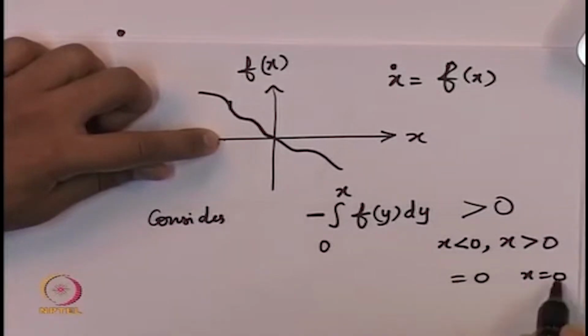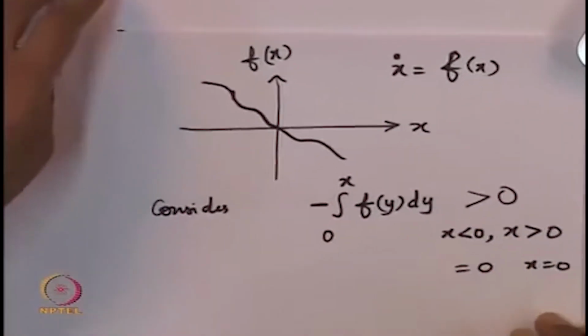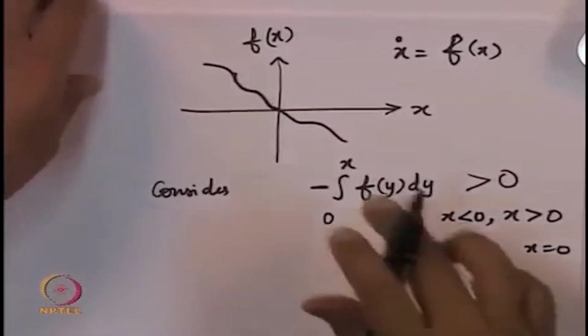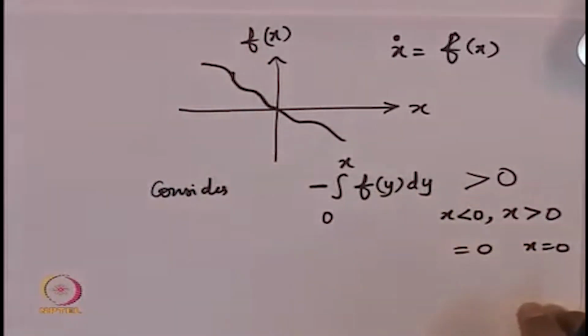Only for x equal to 0 it is equal to 0. So perhaps this one will serve as our Lyapunov function candidate. It is some function which is positive for all non-zero x, and it is equal to 0 for x equal to 0. So we will now show that this particular Lyapunov candidate indeed satisfies the properties of a Lyapunov function.